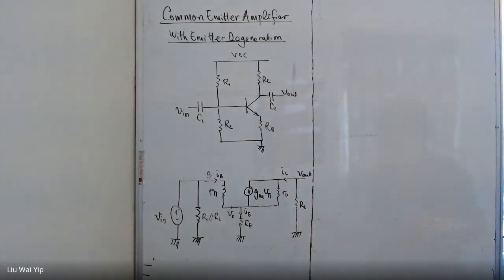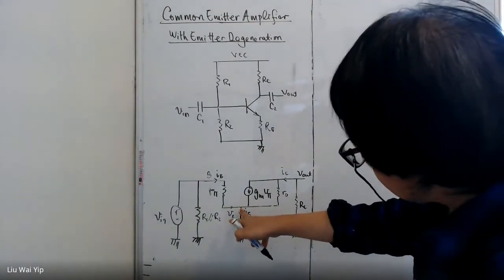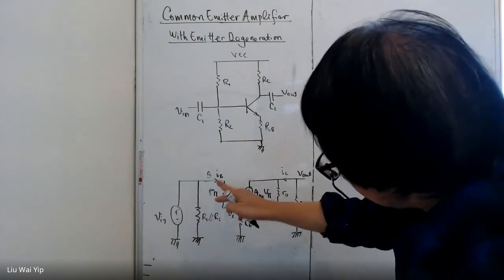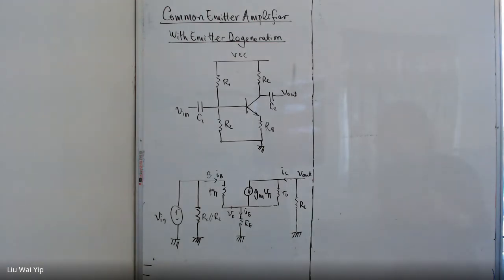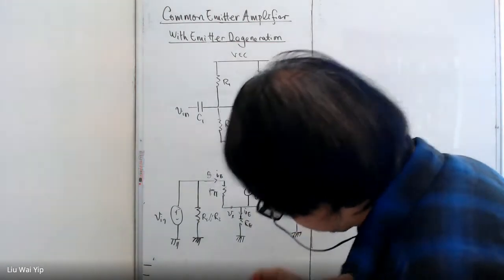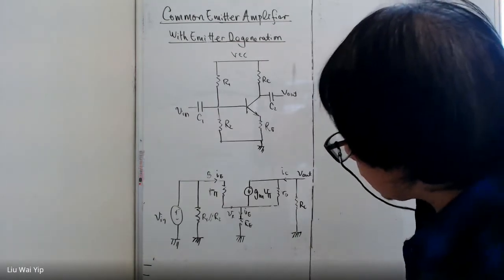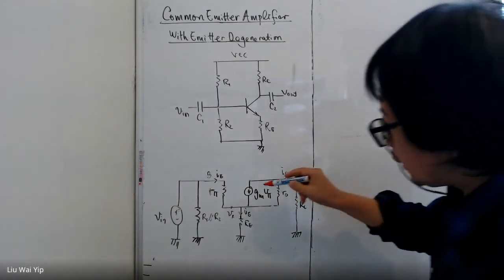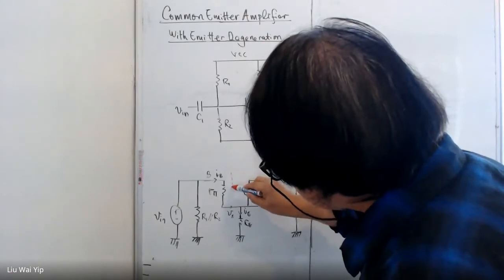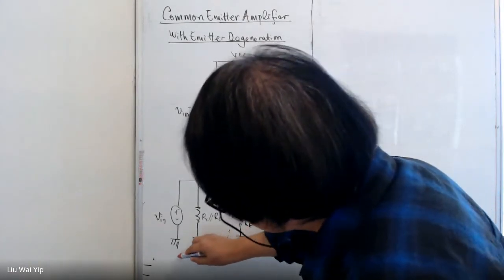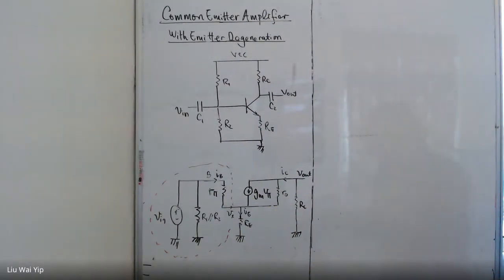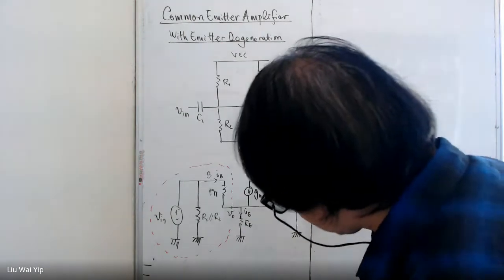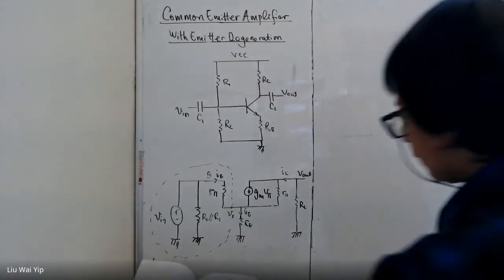Yeah, we are going to continue. Because the current IB is too small, for the purpose of analysis, we can ignore it. So for the time being, we can temporarily ignore it. And we use our analysis to work out this network first. So what is this network?